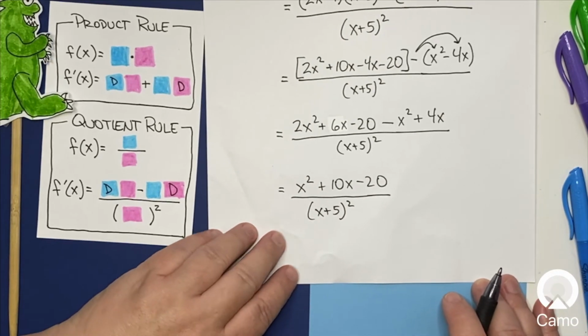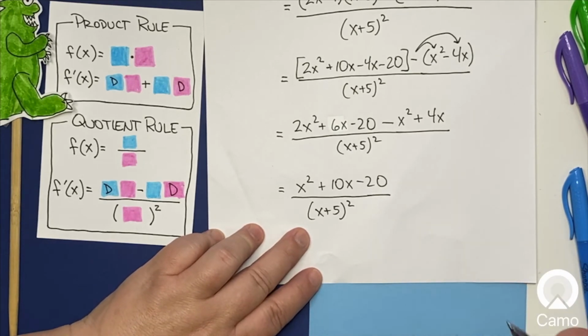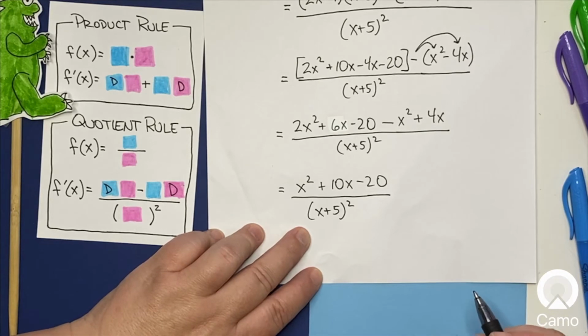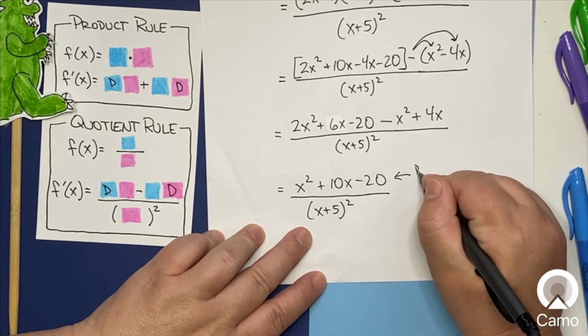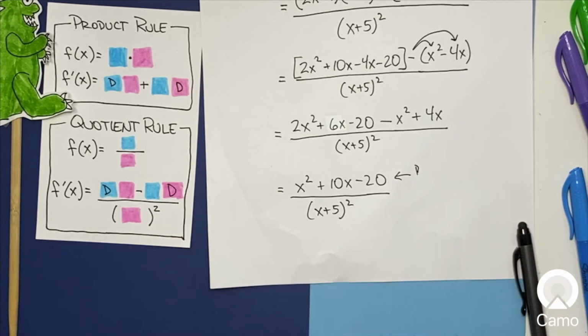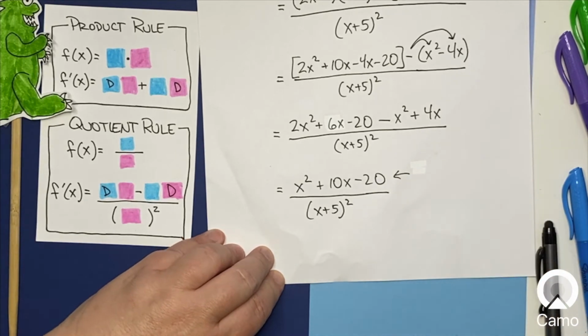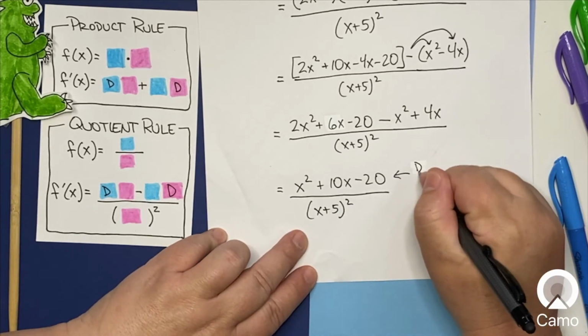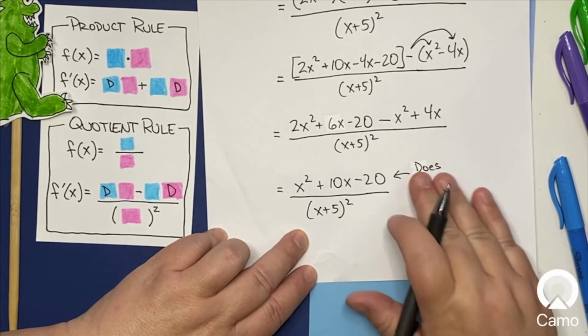Let me show you. If no one has ever shown you this, when you're just trying to do a quick and dirty check, does this even factor? If this is a case where it doesn't obviously factor.